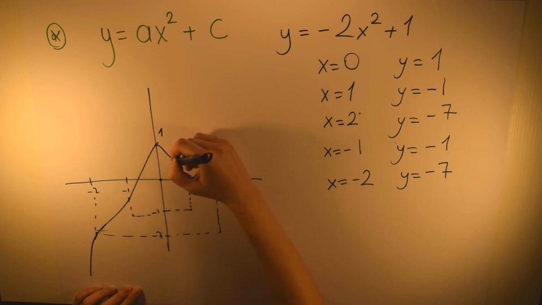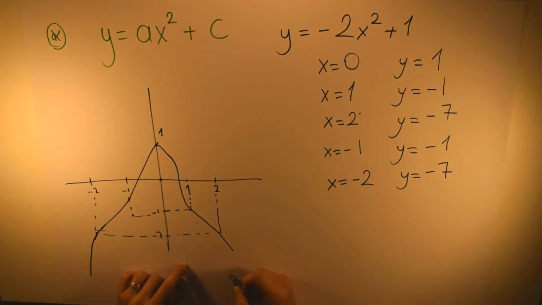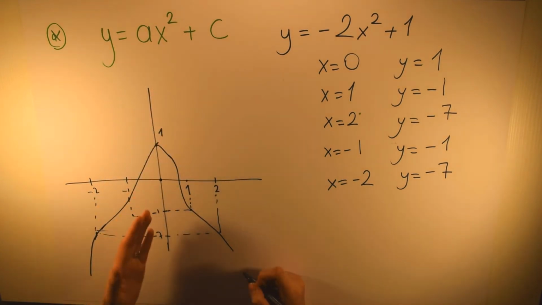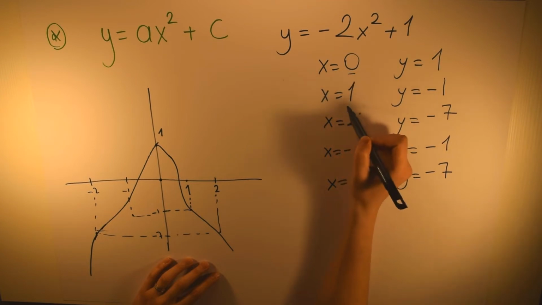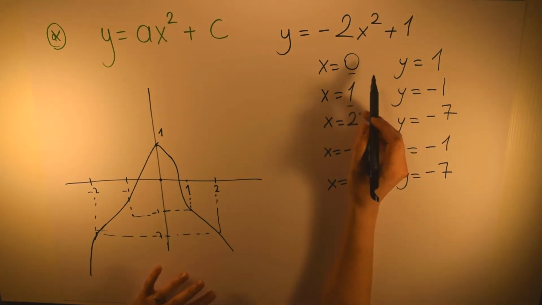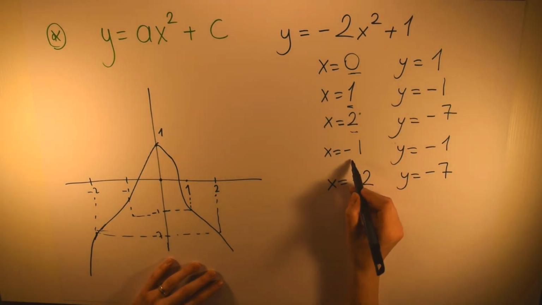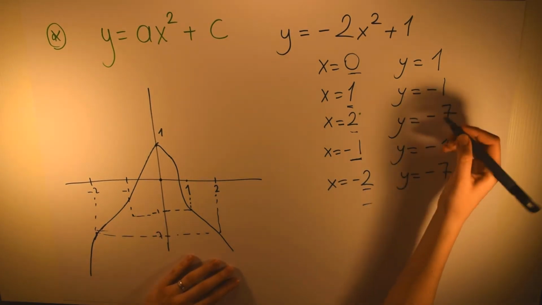So from here, something like this. If you realize, there is a very important point here. If there is no term with x in your equation, for example, when you find y values for x equal to 0, 1 and 2, the other values of x, equal to minus 1, minus 2, minus 3, also give the same values.